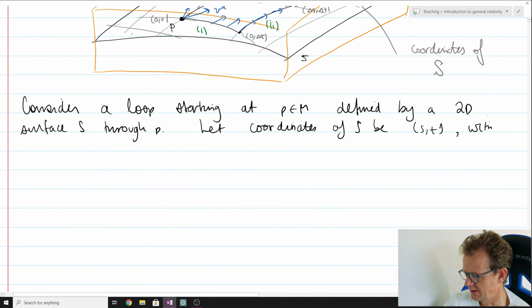And of course, in the picture above, I've made it clear that the origin of this coordinate system is exactly the point P.